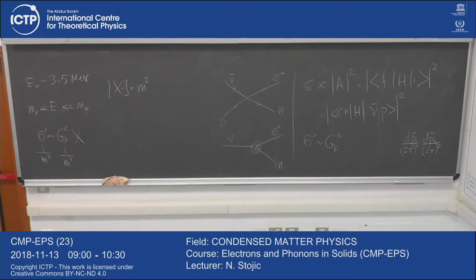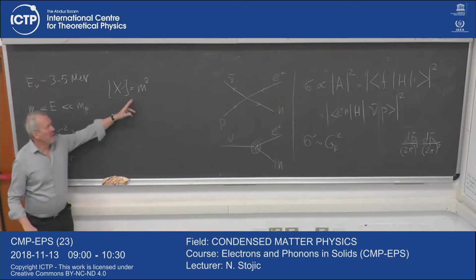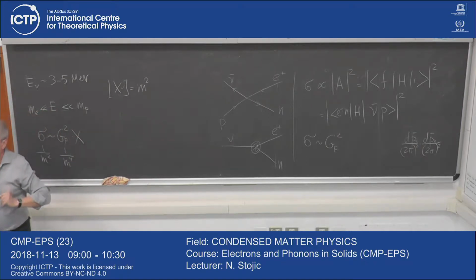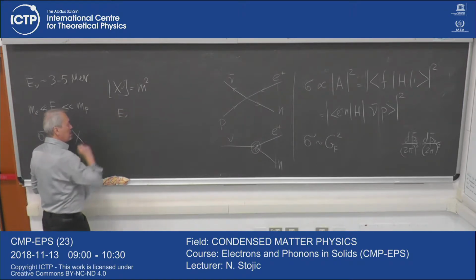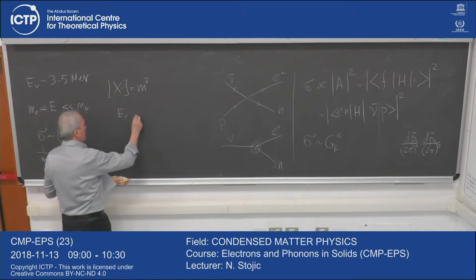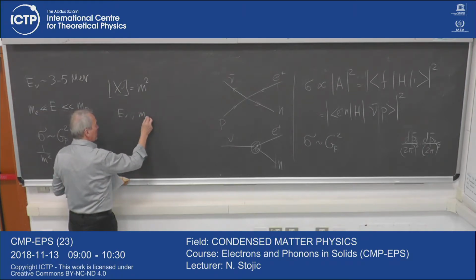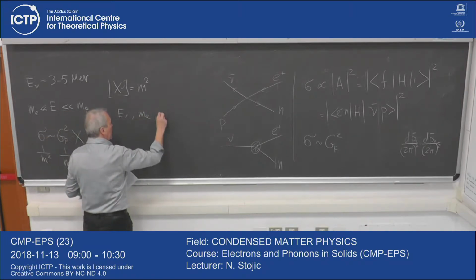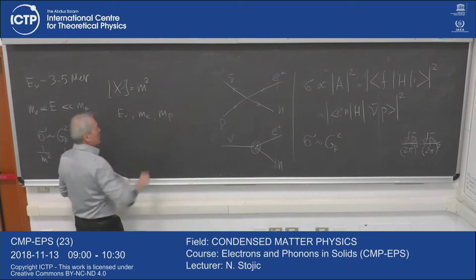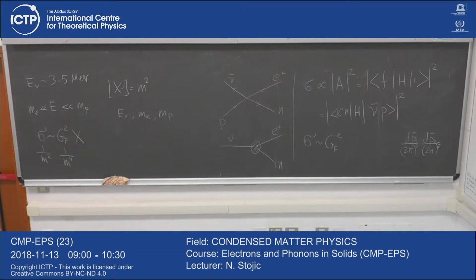Okay. So eventually, the cross-section should depend on parameters of our process, right? What are quantities which have a dimension of energy? The quantities are, in our case, the energy of the neutrino, then the mass of the electron or positron, then the mass of the proton, or the mass of the neutron also, which is kind of close.